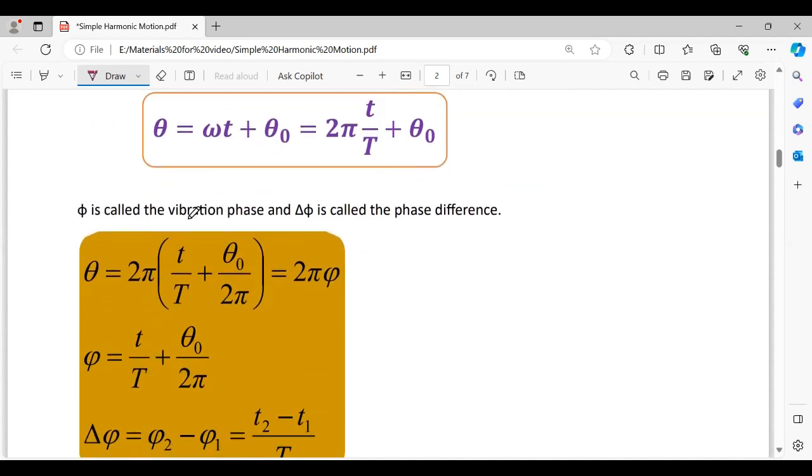And phi is called the vibration phase, and delta phi is called the phase difference.